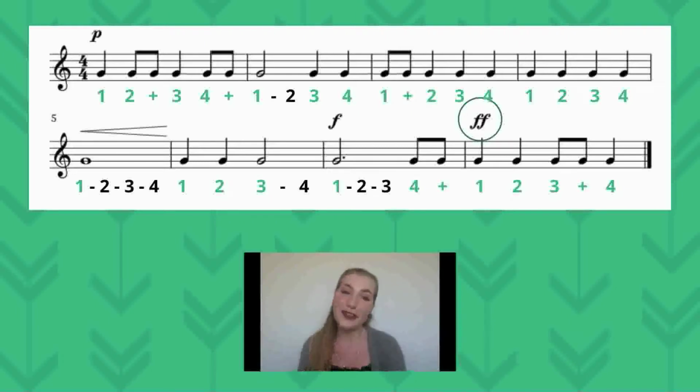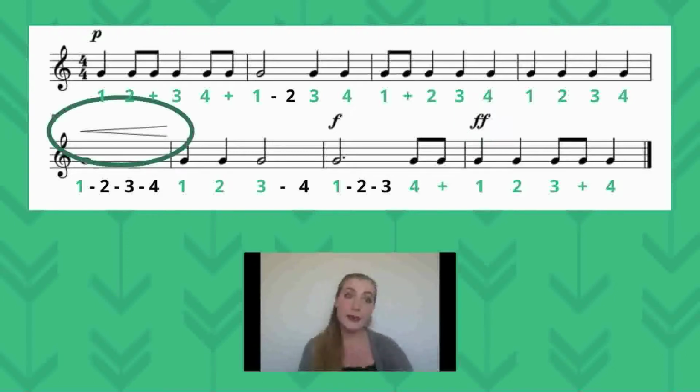There's just one more thing. There's one more interesting looking character here, and it is this guy. So this is one of your dynamics that's not a letter. Is it a crescendo or a diminuendo? It's a crescendo. So it means that you're going to start soft and get loud.